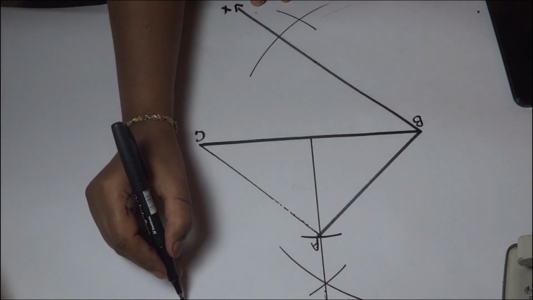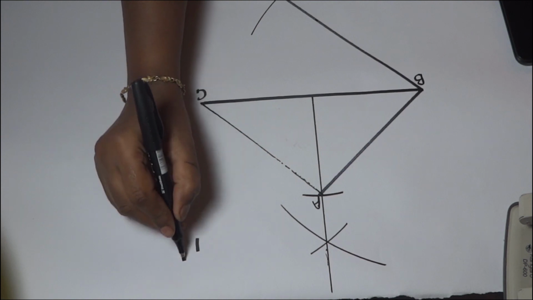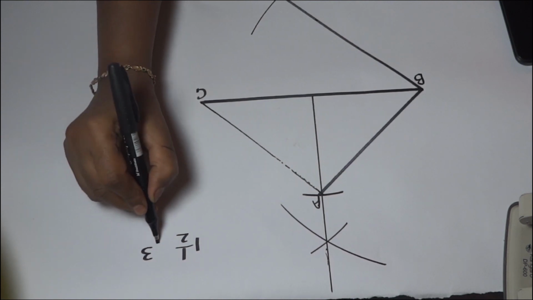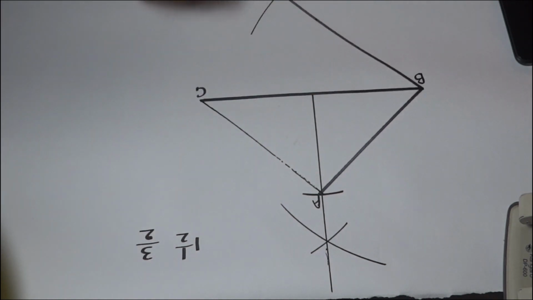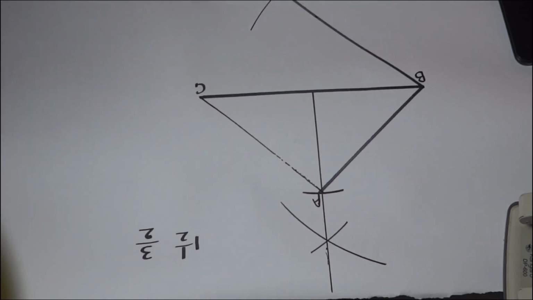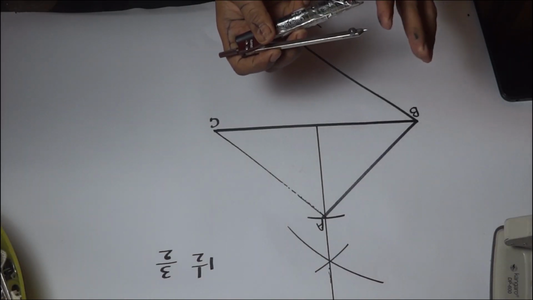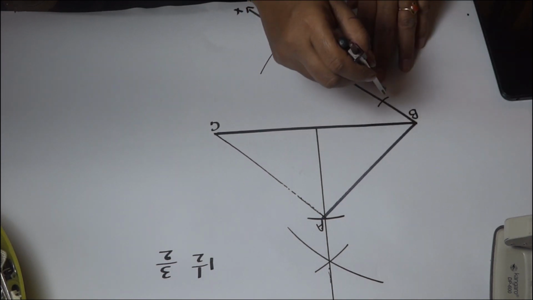Now let us take our ratio factor, which is 1.5. It means 3/2. We have to make 3 parts on the ray BX. Taking convenient length of the compass, let me make 3 marks on the ray.